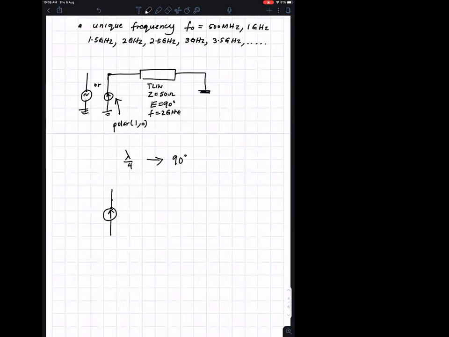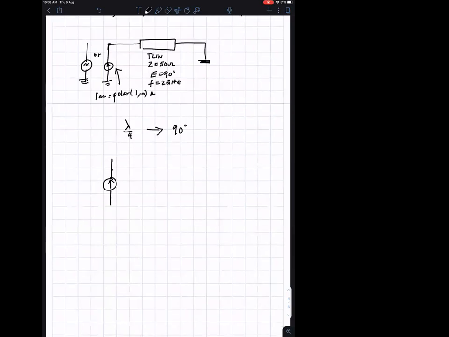You just apply a voltage here, and you can do it your own way. Then you use the same current source for the C and L values that you calculated.